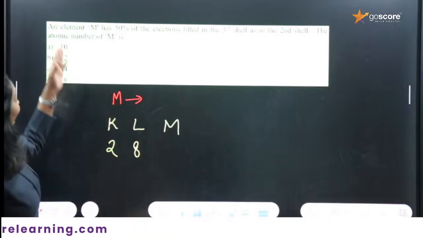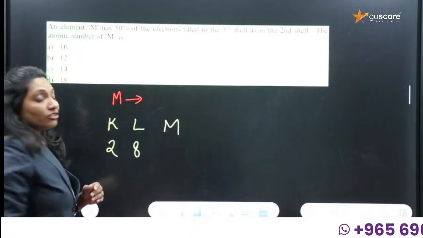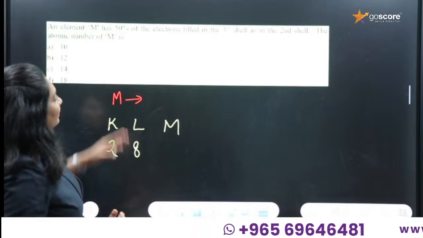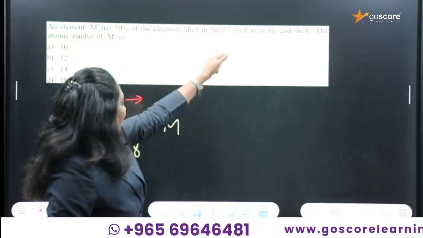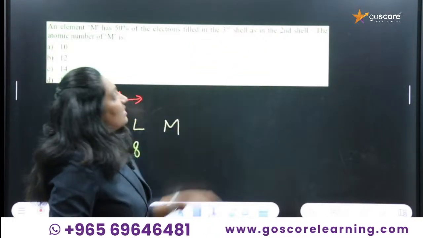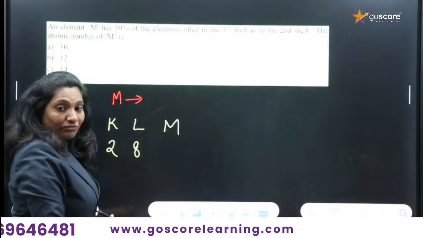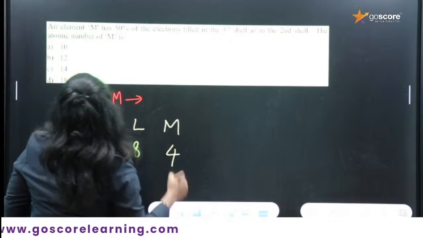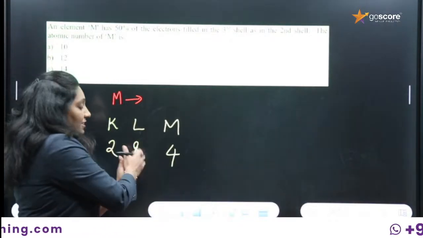So here in the question it is given that M has 50% of electrons filled in the third shell, that is the M shell, as in the second shell. That means M has how many electrons? 4 electrons, right? That is 50% of the second shell.